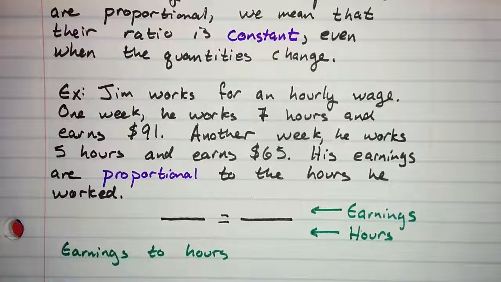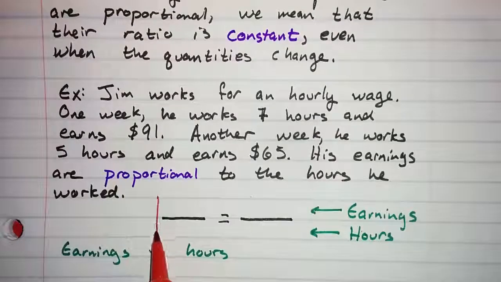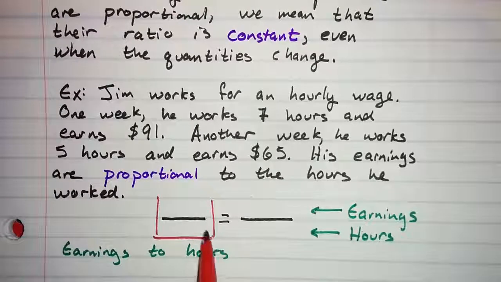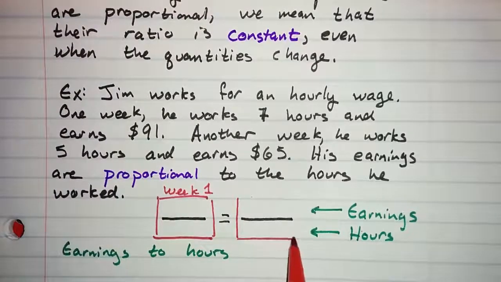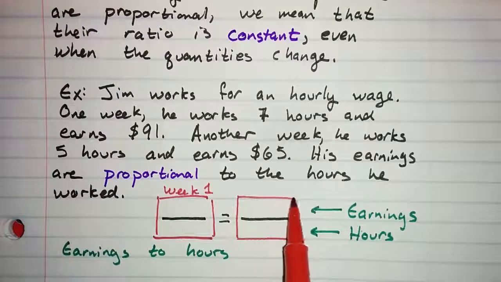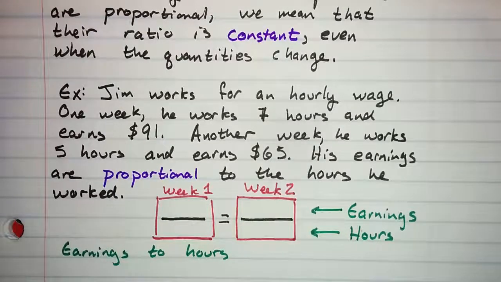When did the quantities change? They changed from week 1 to week 2. So I'm going to say my first ratio is about week 1, and my second ratio is about week 2. Now it's really easy to see which number goes where, right? Here I'm going to want my earnings in week 1.